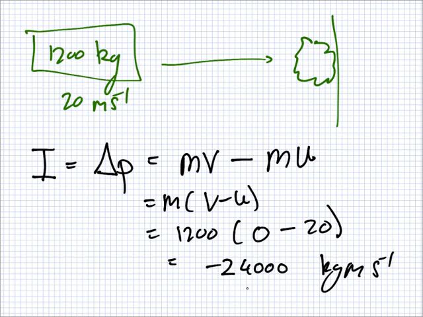Why do we care about impulse? Well, impulse is the thing that hurts. So when you crash into somebody, like you're walking, you hit into the wall or you fall to the ground, it's the impulse that hurts you.